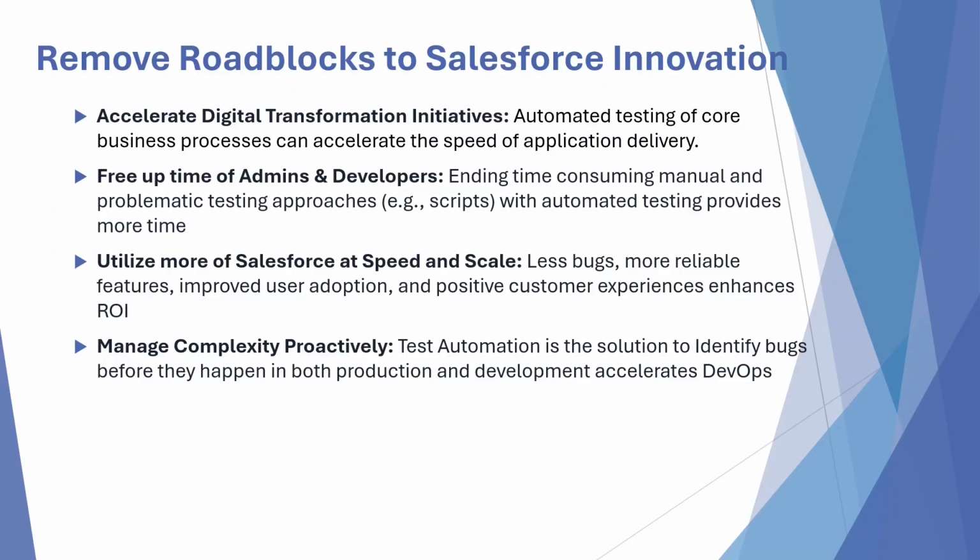What do you mean by that? So the digital transformation, in the context of Salesforce, involves adopting new technologies and processes to enhance business operations. Automated testing plays a crucial role in this by speeding up the delivery of Salesforce applications and updates.